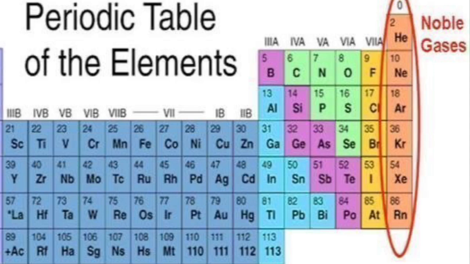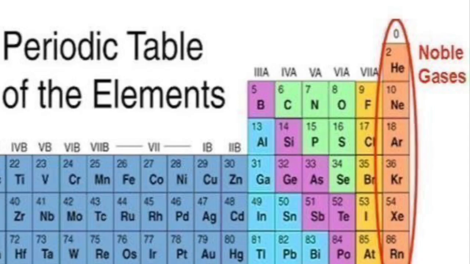Noble meaning that, like, kings and queens are noble and they would not fraternize with the peasants. So that's where that word comes from, the noble gases. Helium and neon and argon. And argon is the element that is mostly that 1% of the air.